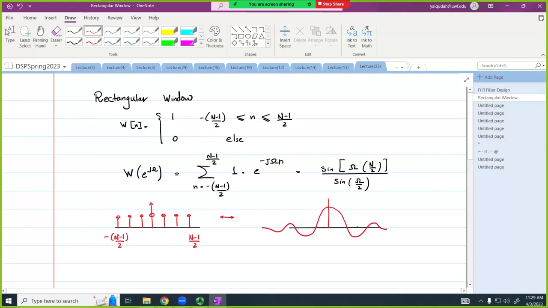This is going to equal 2 pi divided by N. This is going to equal 4 pi divided by N. This is going to equal negative 2 pi divided by N.